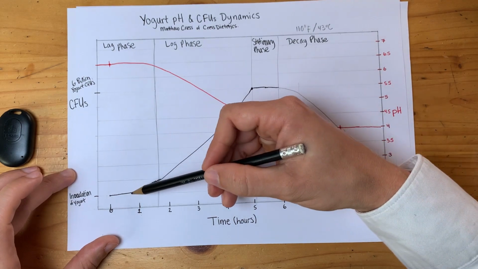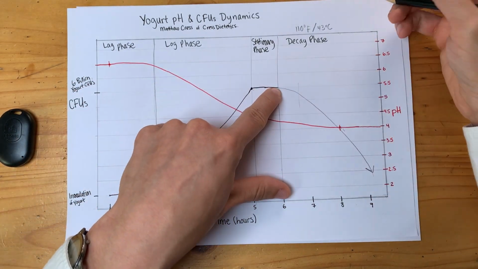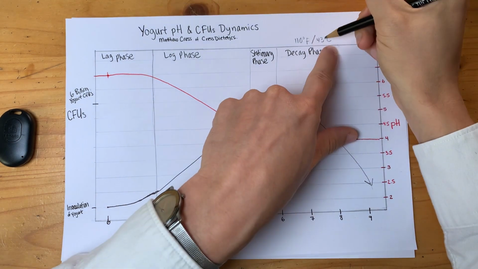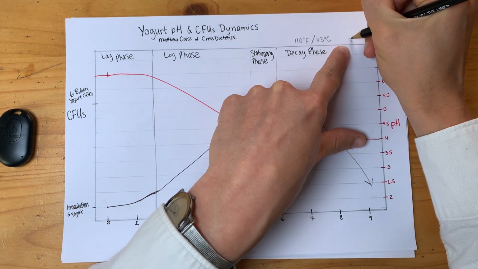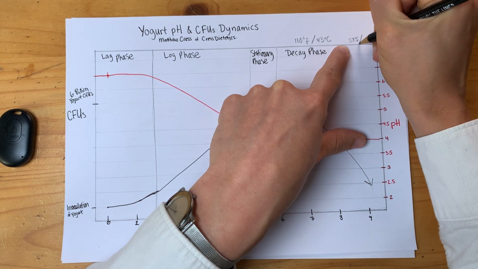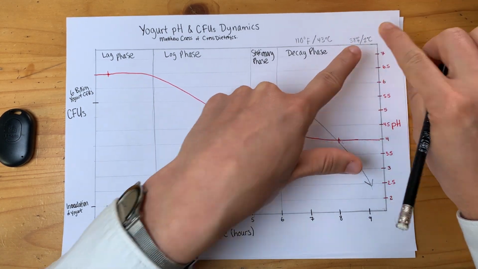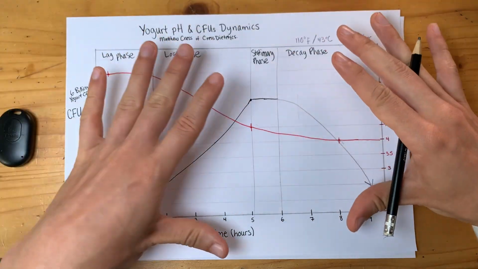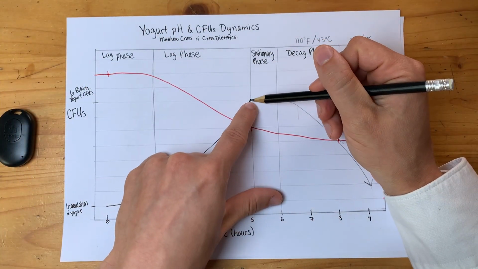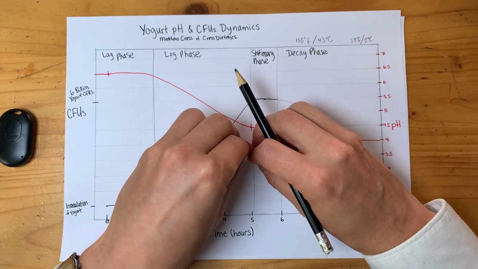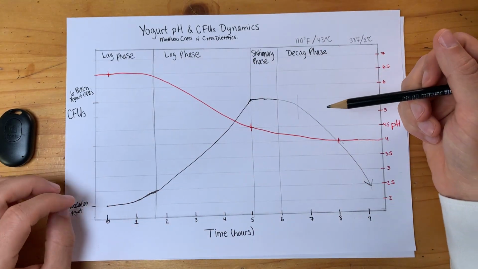But if I pull my yogurt here or here and put it into the refrigerator, which is at about 38 degrees Fahrenheit or 2 degrees Celsius, these bacteria are just going to slow down a lot. They're not going to stop, they're going to slow down exponentially.